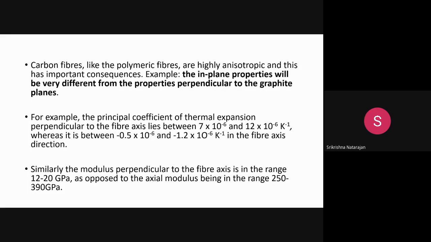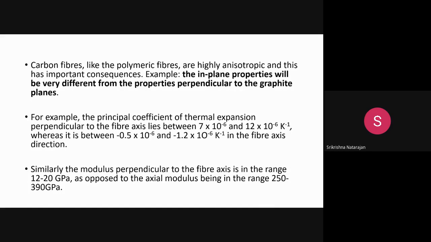So this carbon fiber coefficient of thermal expansion is 7 into 10 power minus 6 and 12 into 10 power minus 6 in a perpendicular direction, whereas it is minus 0.5 to minus 1.2 into 10 power minus 6 per Kelvin in the fiber axis direction. You can see how much difference there is. This is because of the different properties in the in plane and across the plane directions.